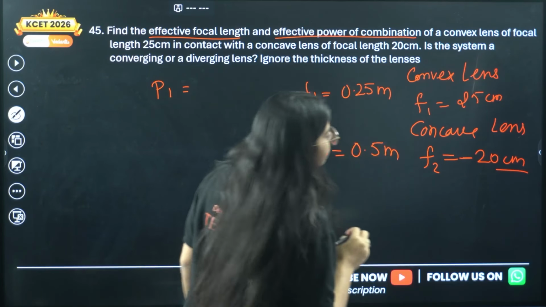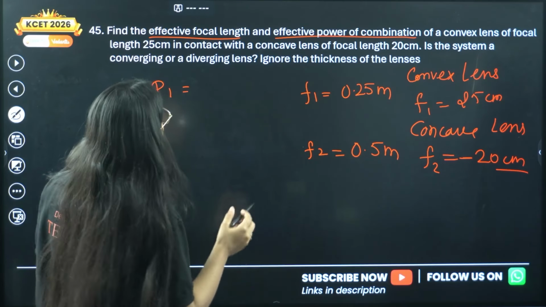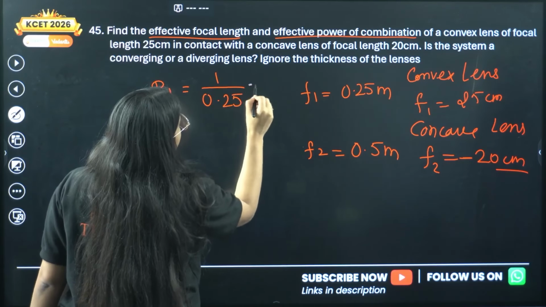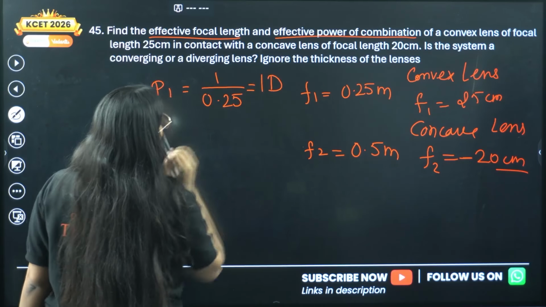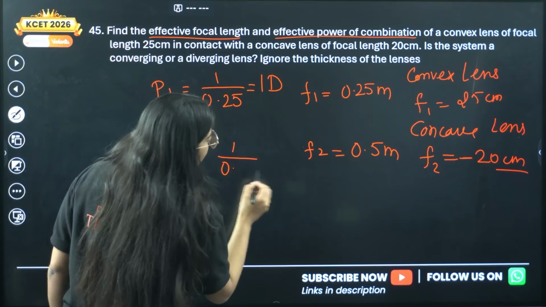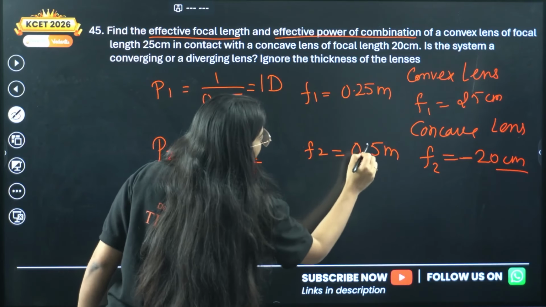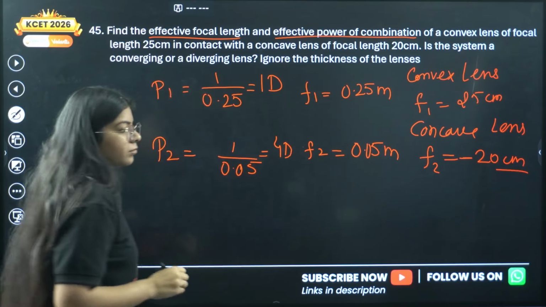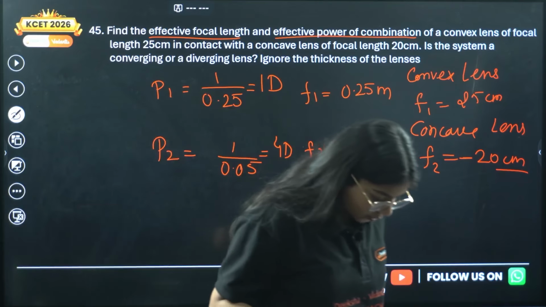Correct? So P1 will be 1 by 0.25, around 4 diopter. P2 will be 1 by 0.5, it will be 0.05. So that will be 4 diopter.